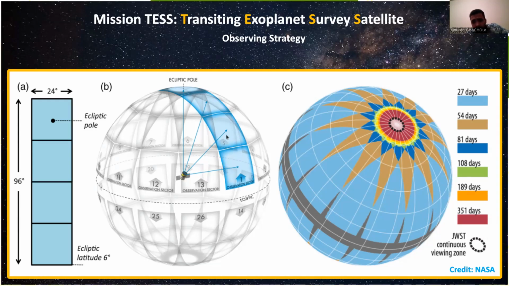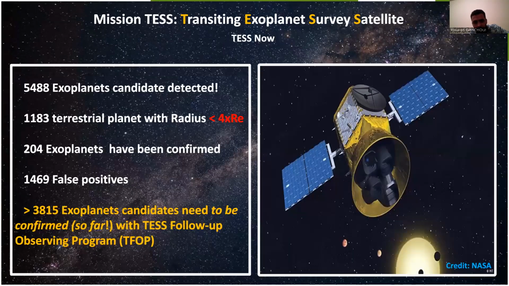These observations were done sector by sector, and each sector was observed for about 27 days. As you can see here, we have the overlap between the sectors. So some regions are observed for more than 27 days, especially the regions near the ecliptic poles, which were observed for about 1 year.